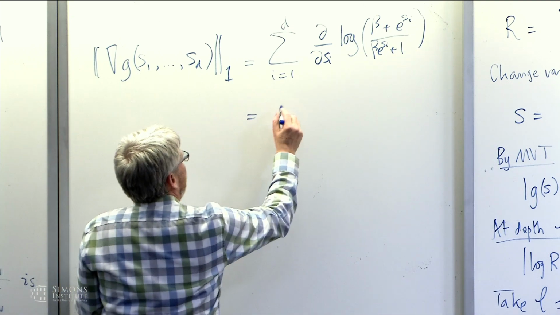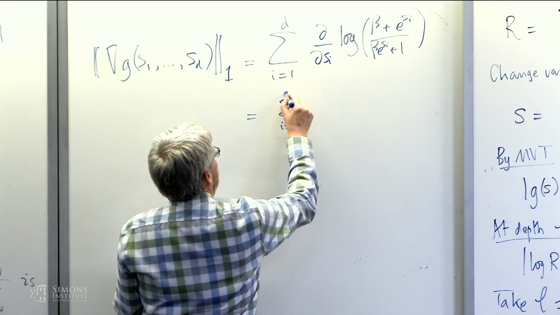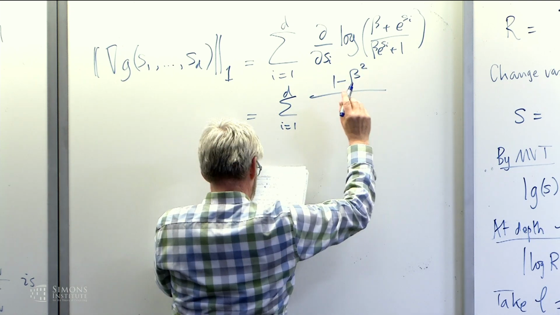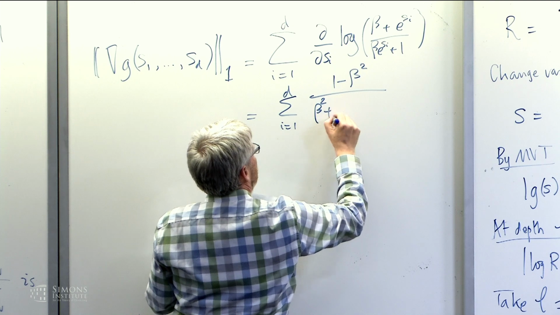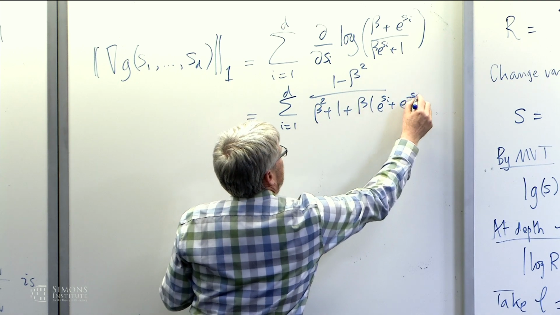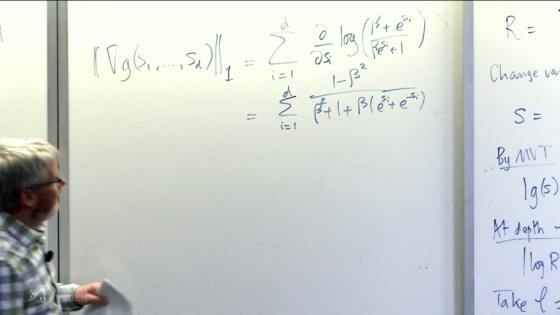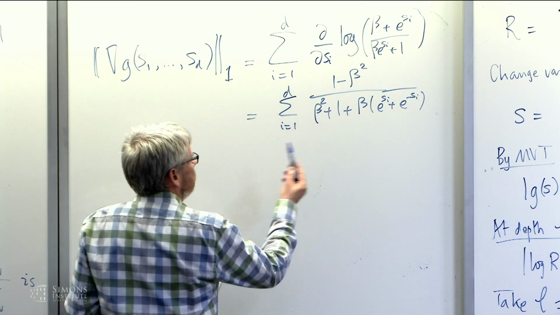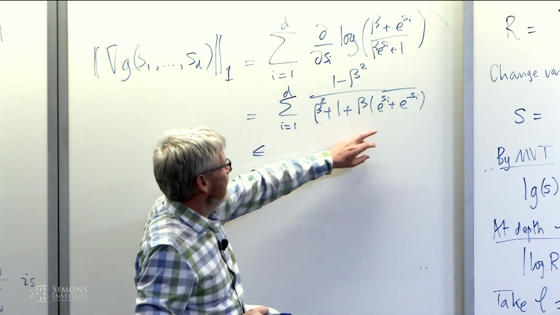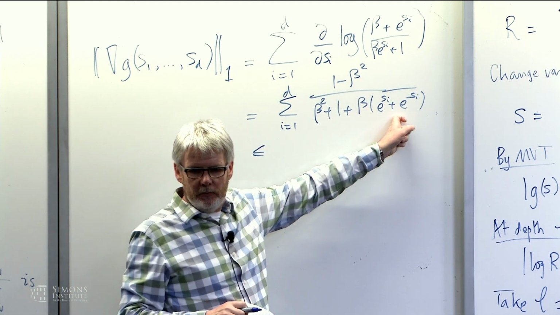And if you do that, take my word for it, you get this. And so we want to maximize this, and the minimum value of this is 2.